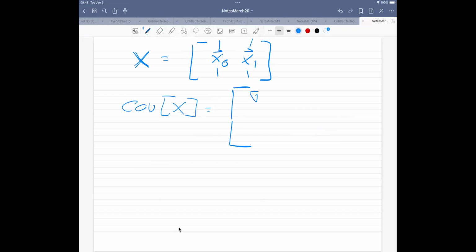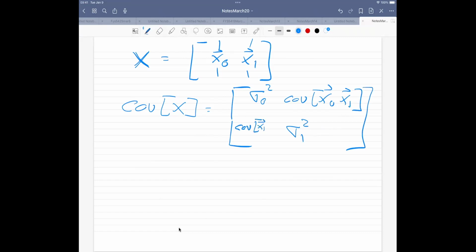This was the same as the variance, sigma 0. Along the diagonal, we have the variance. And then we have the covariance here between x0 and x1. And the covariance is symmetric.